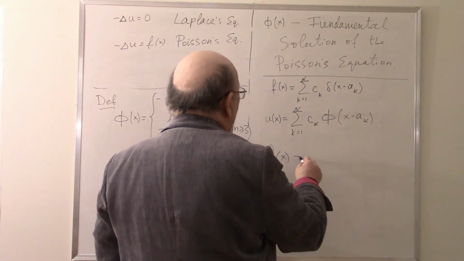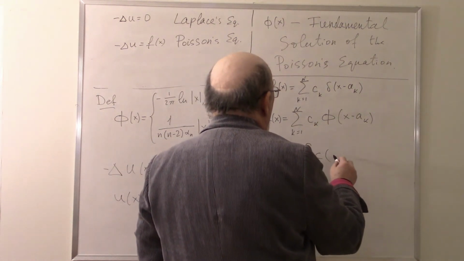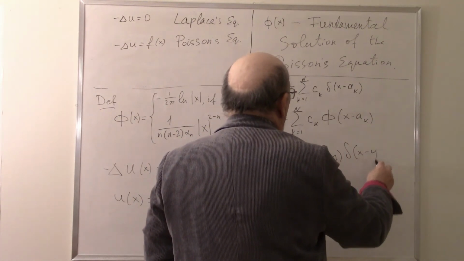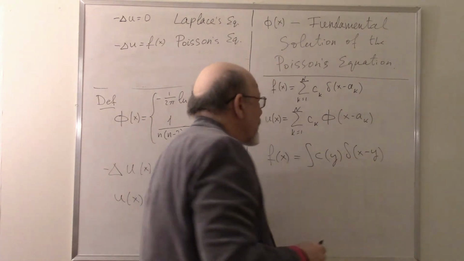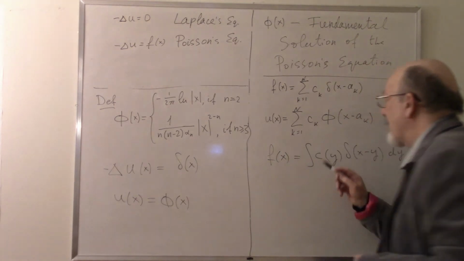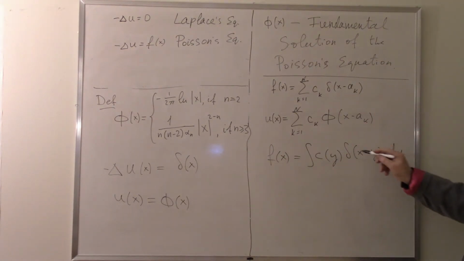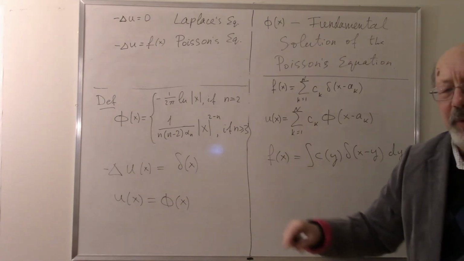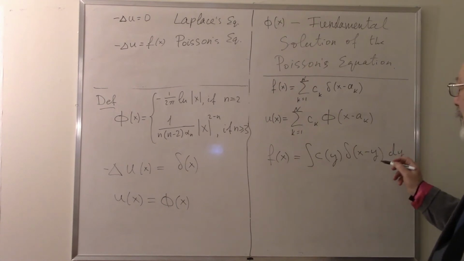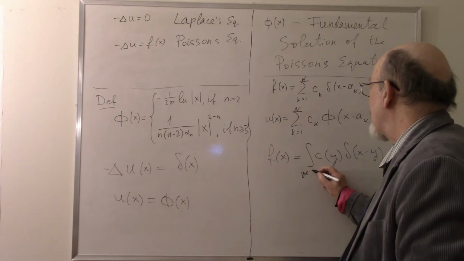Instead of sum, I write integral, say, phi of y delta of x minus y, instead of a, dy. So the same delta functions are somehow dispersed in some domain. Suppose that y is in some domain D.